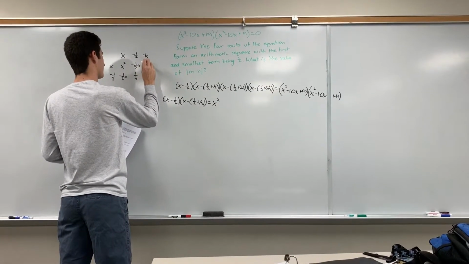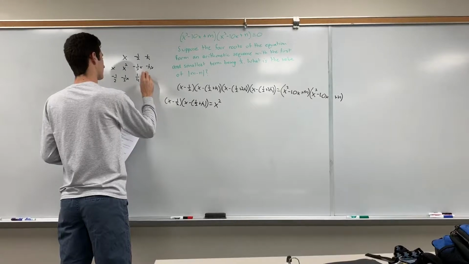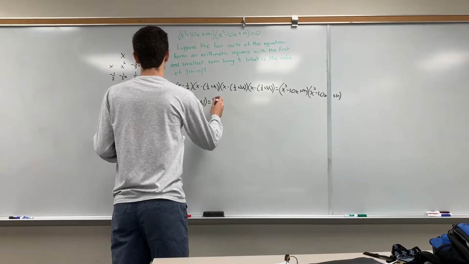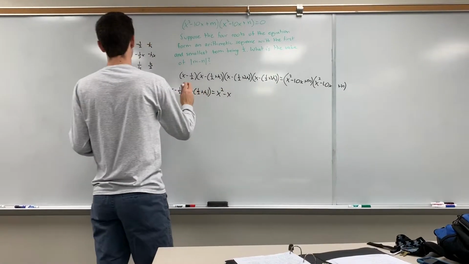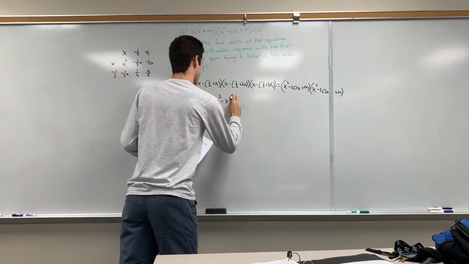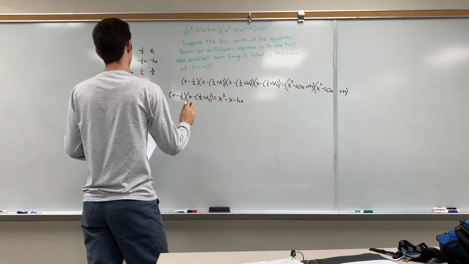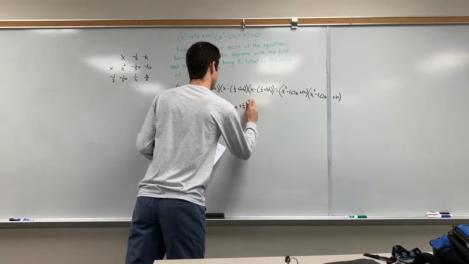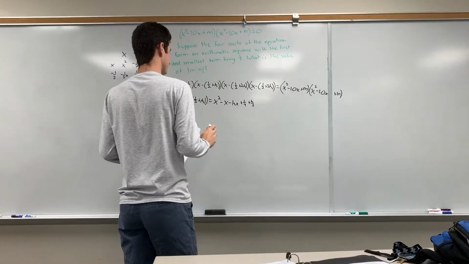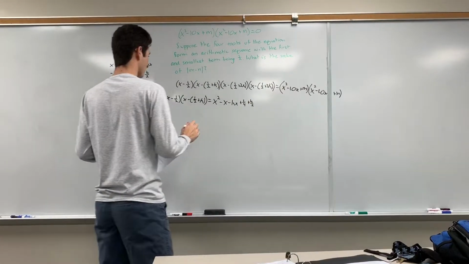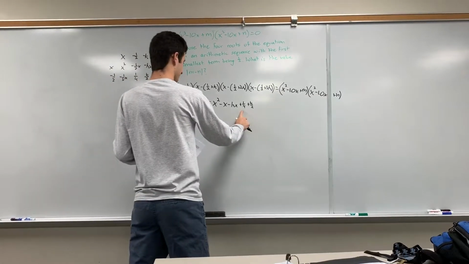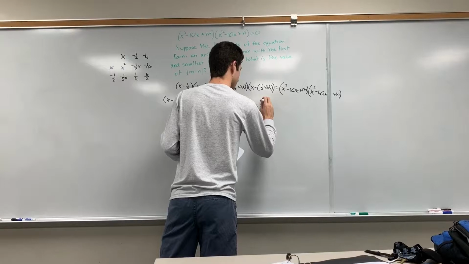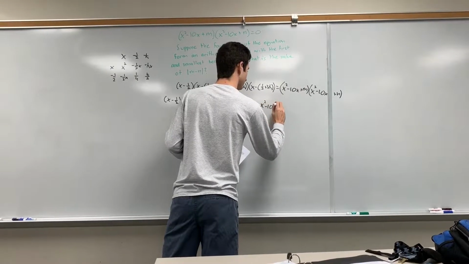This is minus kx, and this is k over 2. So you have x squared minus x minus kx plus 1/4 plus k over 2. So I set that equal to the first term here, x squared minus 10x plus m.